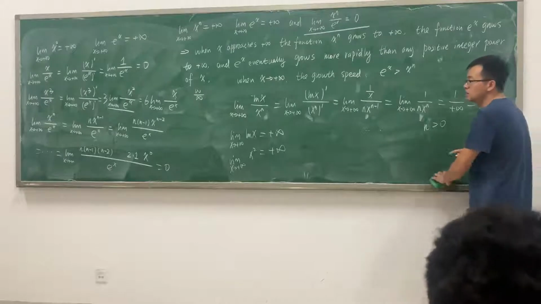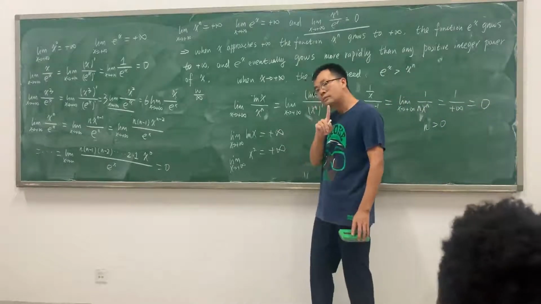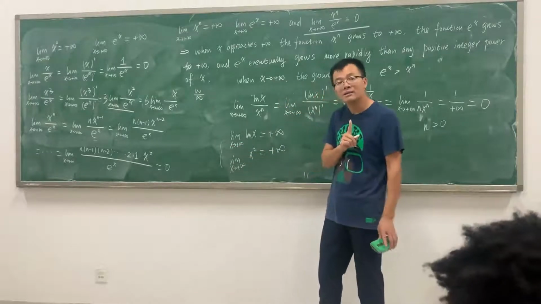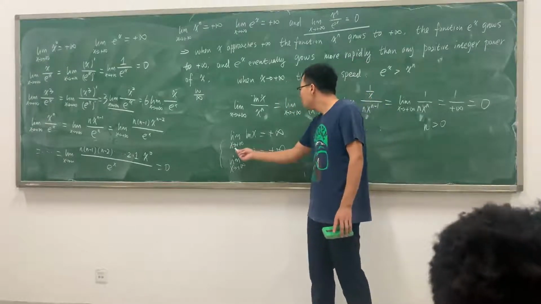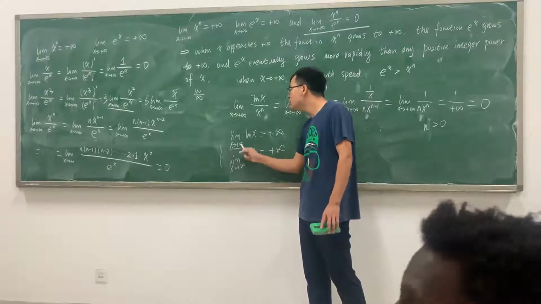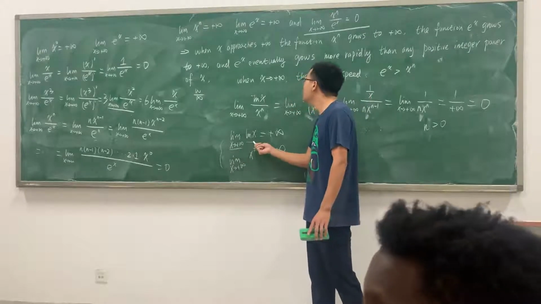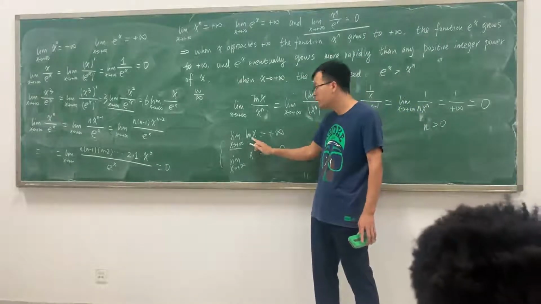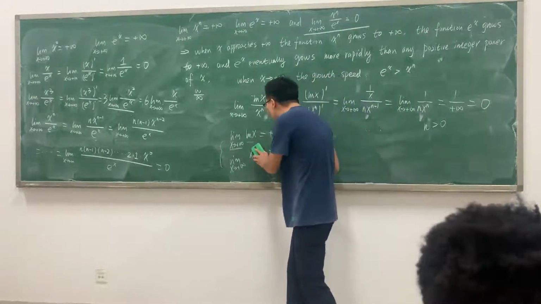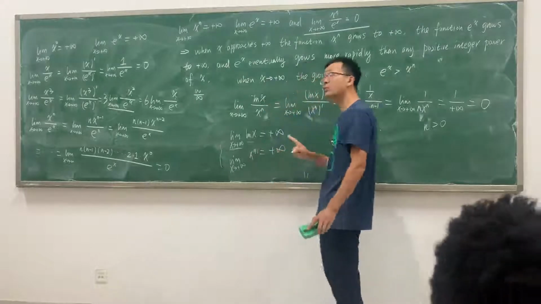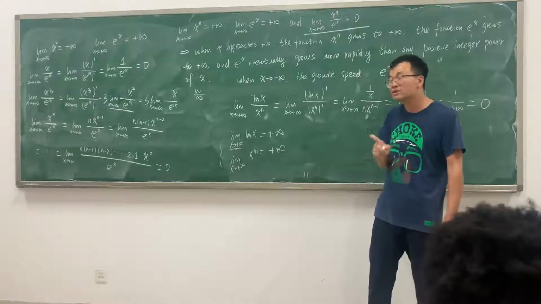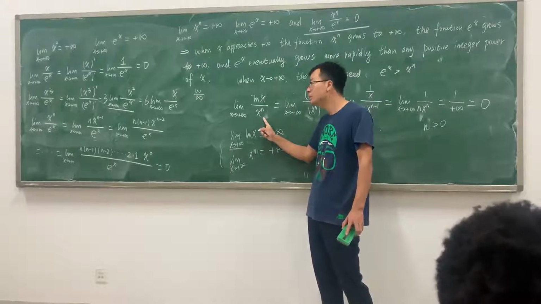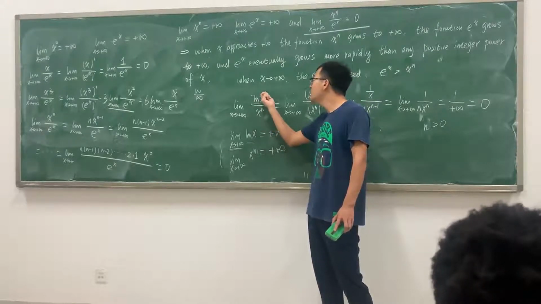So this example tells us a fact. When x approaches plus infinity, ln x grows to infinity, and x to the nth power grows to infinity. But which is fast and which is slow?